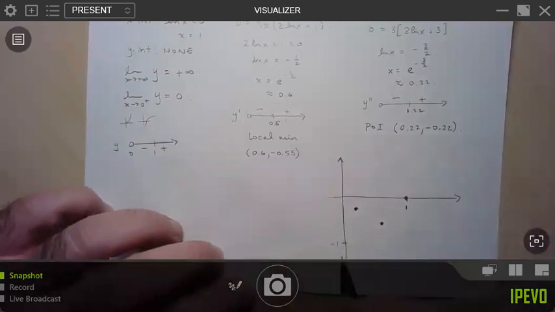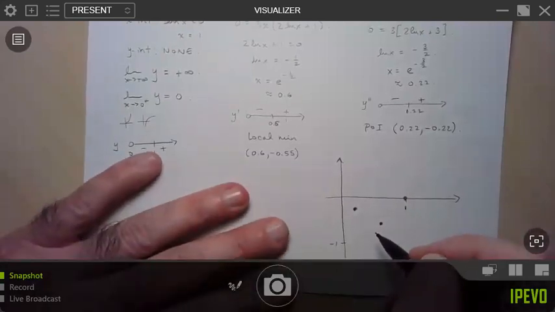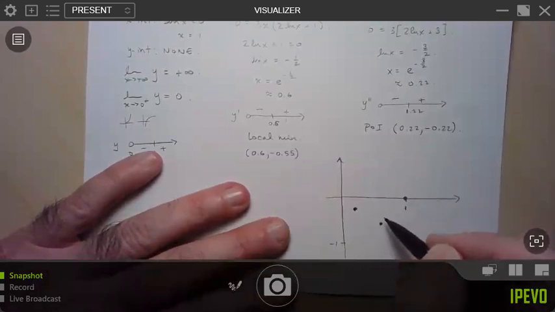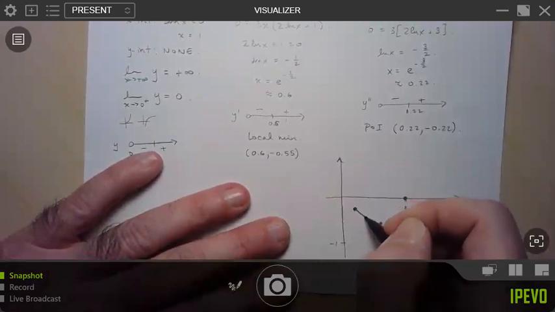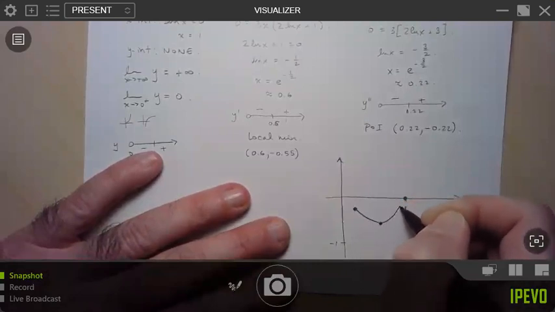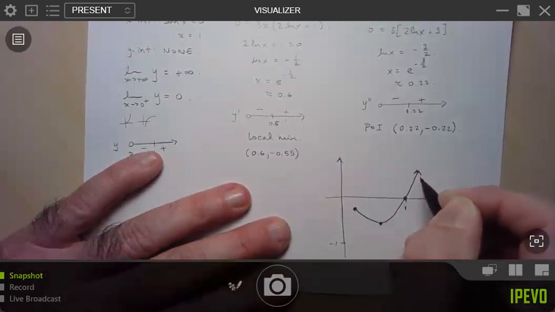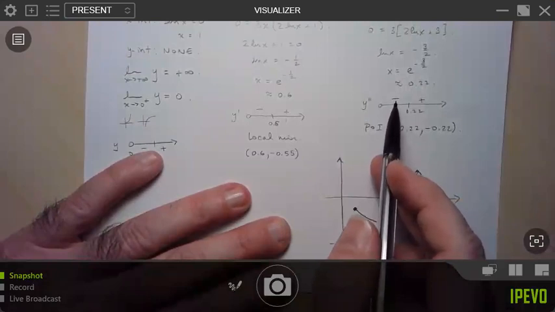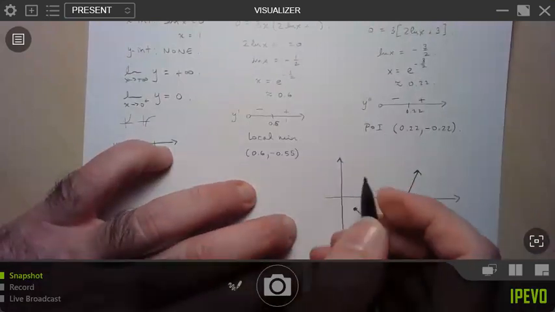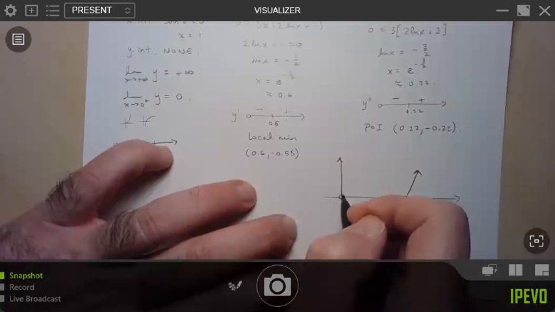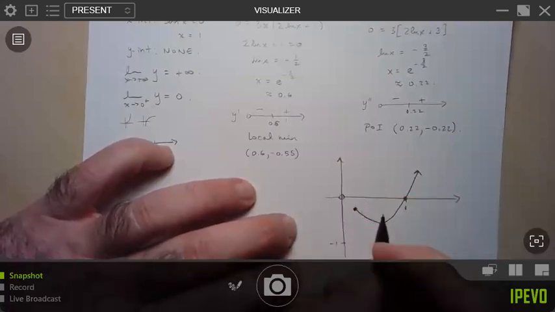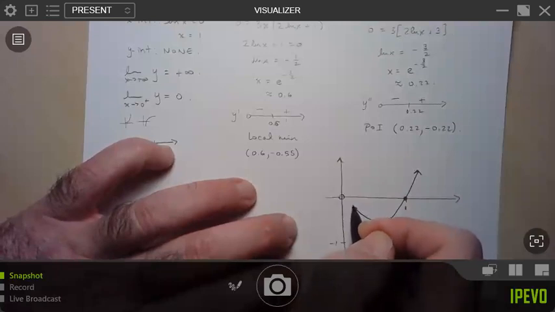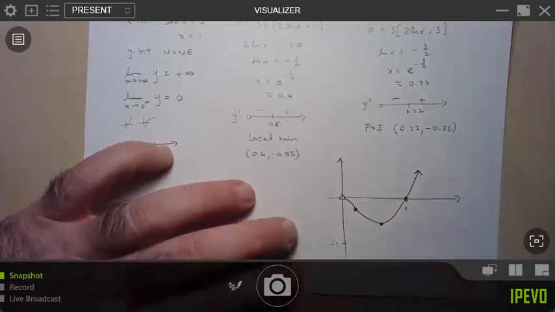From this point all the way there, I know it's always going to be concave up, so this is pretty easy to draw. I'm going to make sure I draw it concave up, going to positive infinity. But in this portion here, my function is going to be concave down, approaching 0. I want to put a hole there to show that I'm not including that point, and draw the function so that it definitely looks concave down in that area.